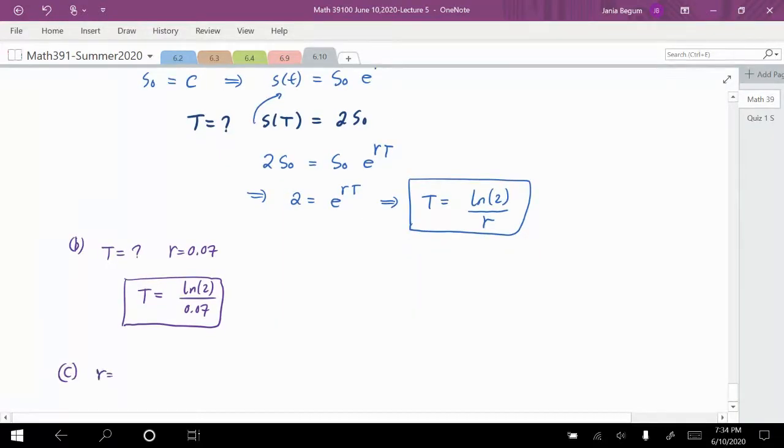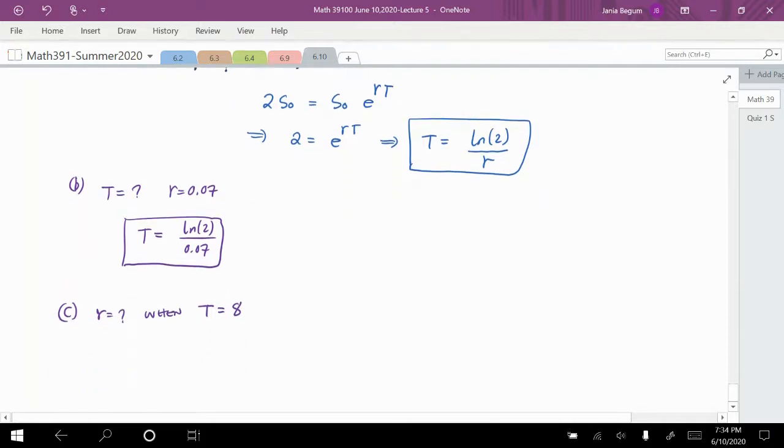So we want to know R when T is 8 because we want the value to double. So that would give us 8 is equal to ln of 2 over R. So that means R is equal to 1/8 ln of 2. So that will be the rate for the amount to double in 8 years.